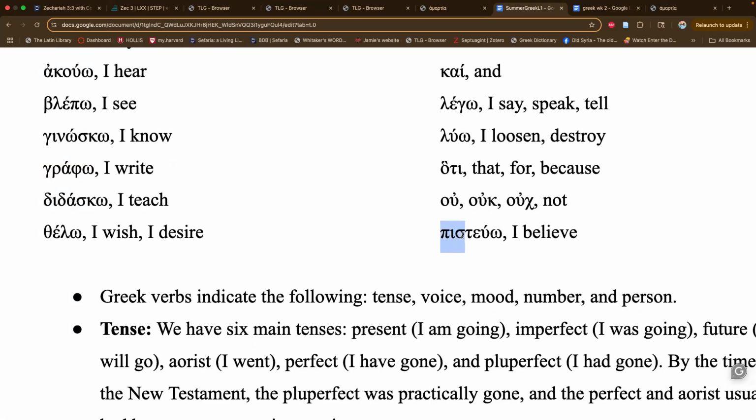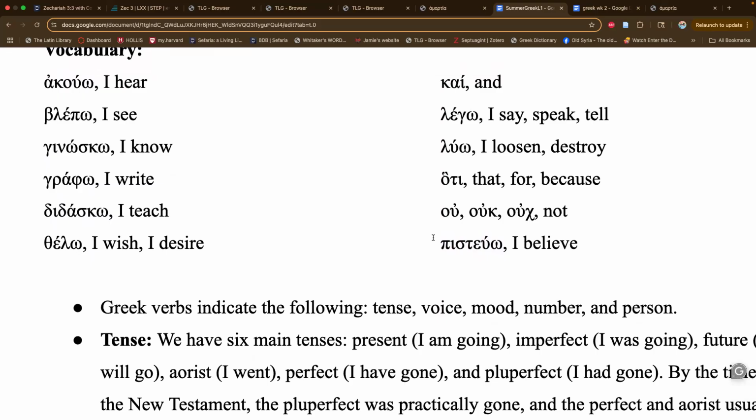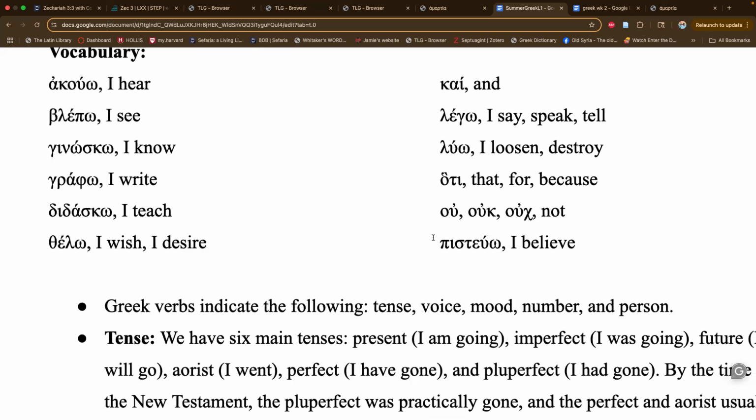So yeah, you'll have pist, and then the EU is eu, however you want to say it. And then an O on it, so EUO. Yep. So pisteuo. That's something too, is they don't form words like we form them, so they're a little unfamiliar to look at.